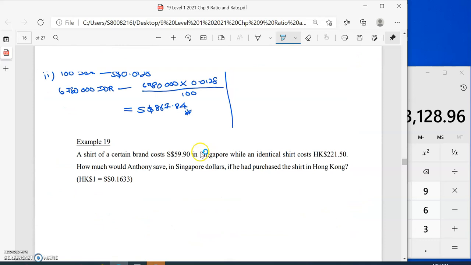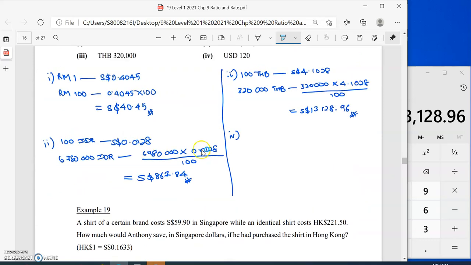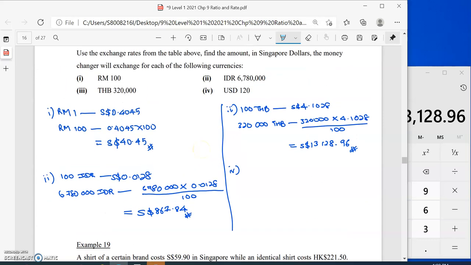Note that back here. All right. I know that for every US dollar, it's going to give me 1.2717 Singapore dollars.